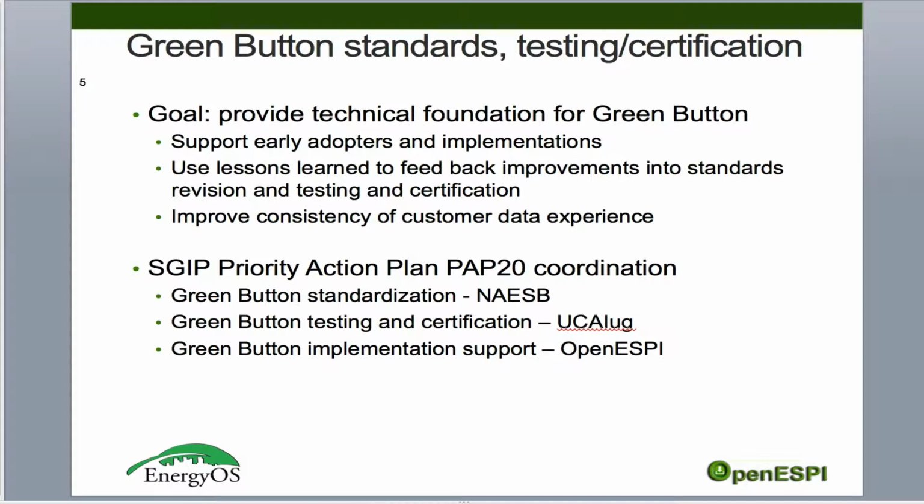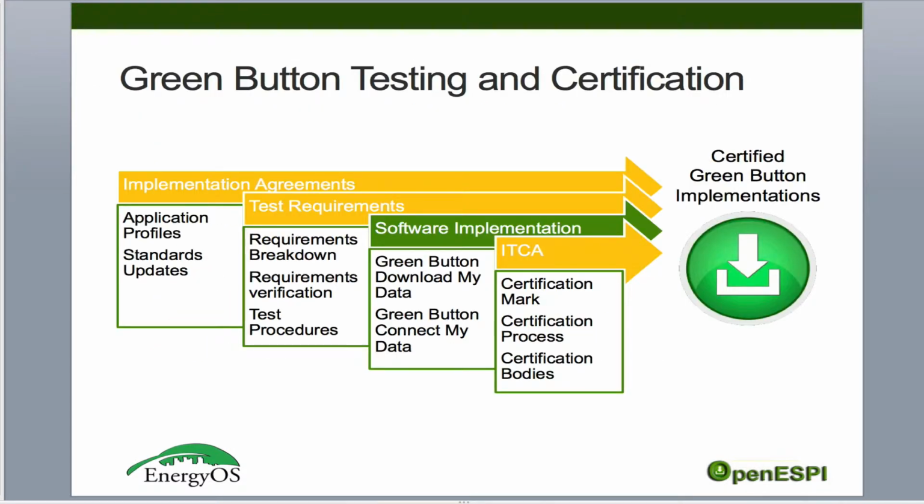And all of these activities are being overwatched by and coordinated with the Smart Grid Interoperability Panel, PAP20. And basically, GreenButton standardization is done at NAESB, and as John mentioned, GreenButton testing and certification is being done in UCA-IUG, and GreenButton implementation support is being done in OpenESPI. So as you see, this is like a three-legged stool for interoperability.